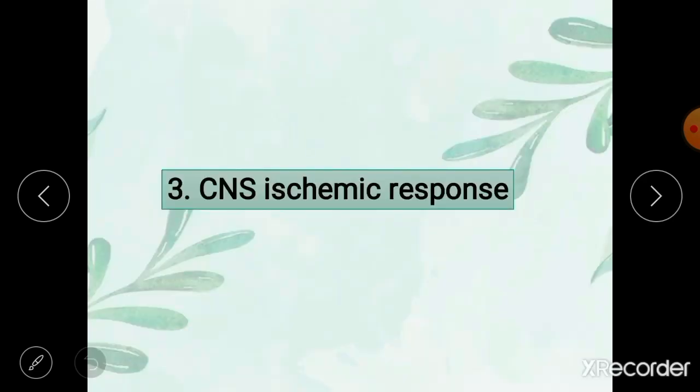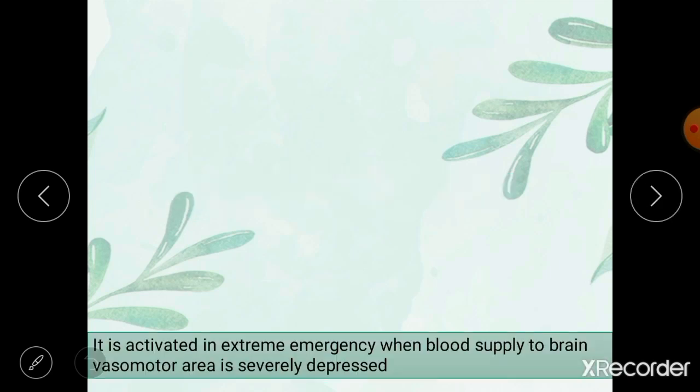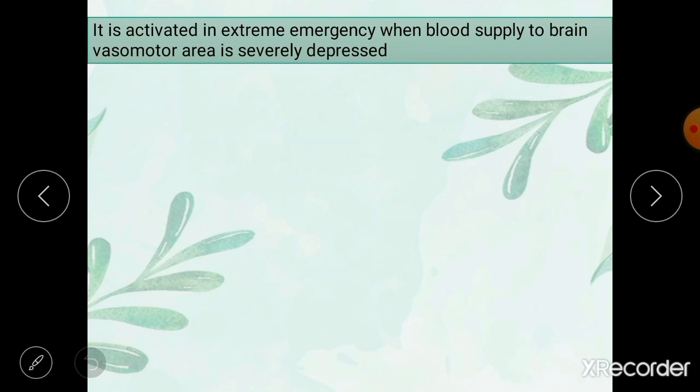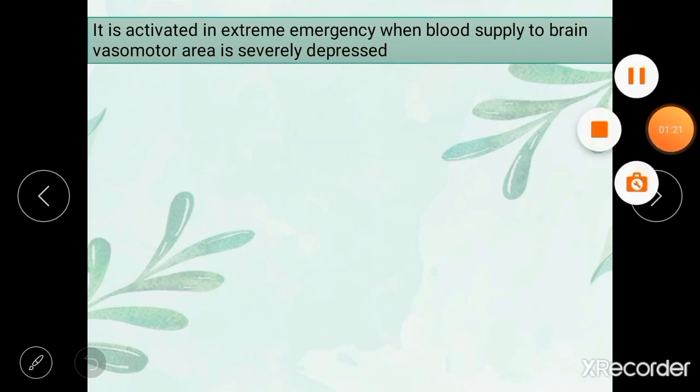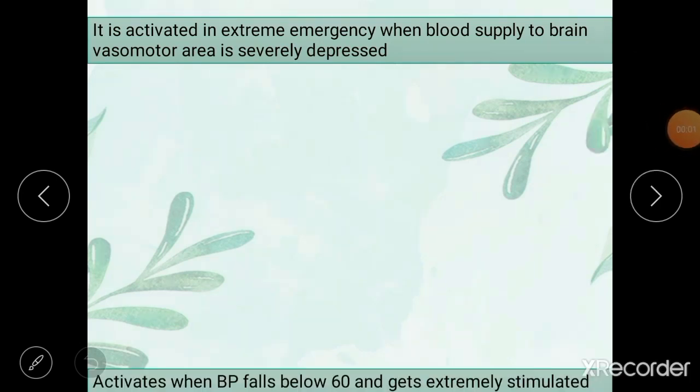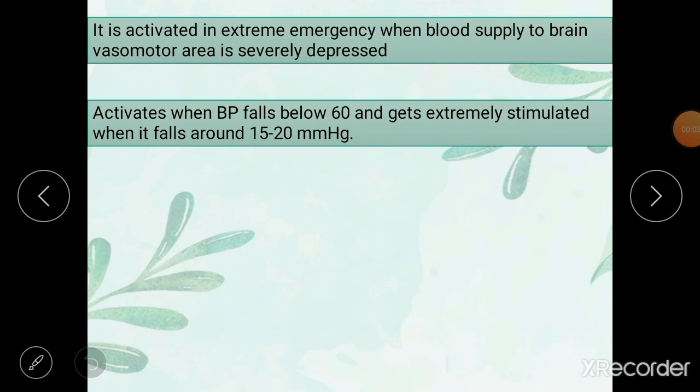Thirdly, we have a very important response which is known as the CNS ischemic response. This response is activated when your arterial pressure falls to very dangerous values. This mechanism is activated in very dire situations when your mean arterial pressure falls below 60 millimeter mercury.